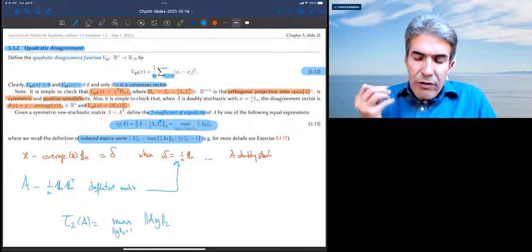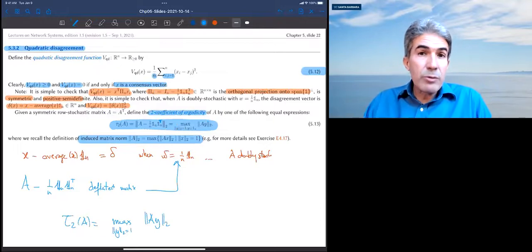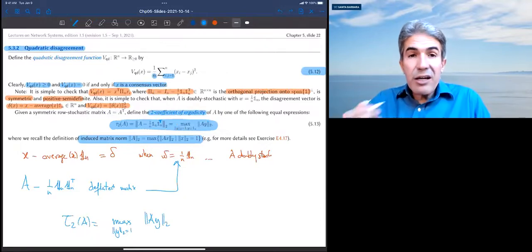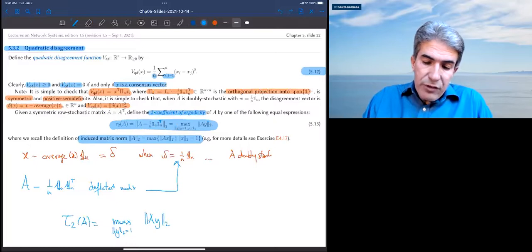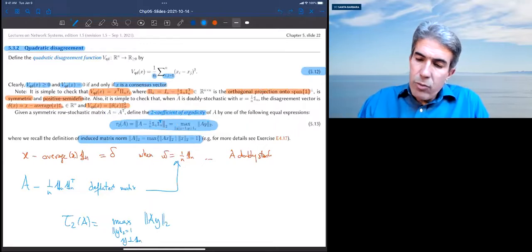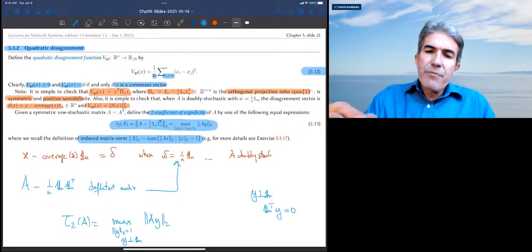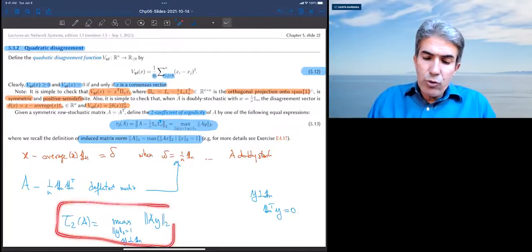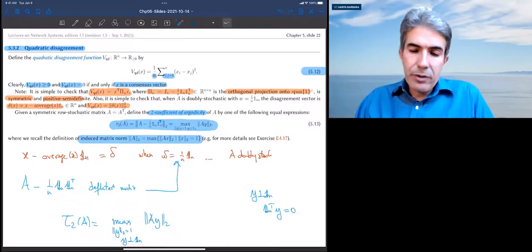So this looks very, very similar to the maximum induced norm, but the argument y in this formula has to have the property of being perpendicular to 1n. So when I write y perpendicular to 1n, what I mean to say is that 1n transpose y is equal to 0. So this is rather similar to an induced norm, but not exactly.